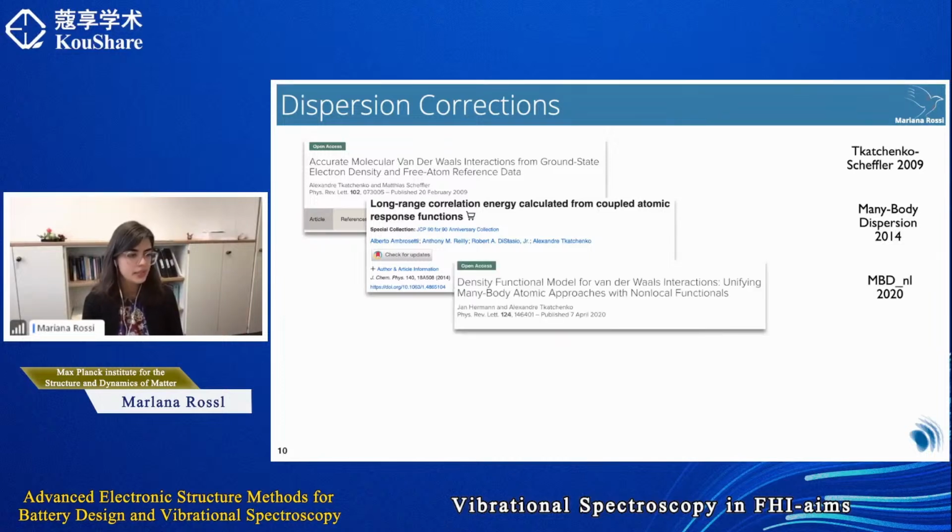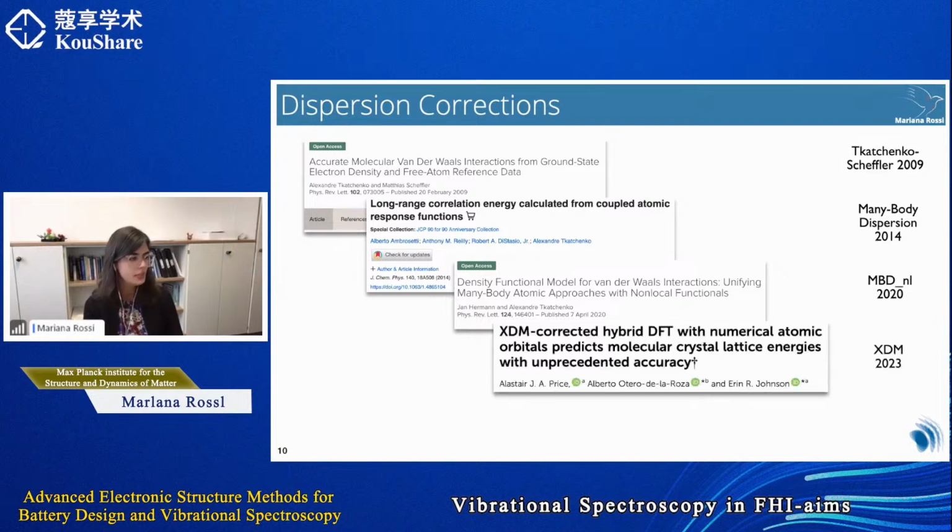And even more recently, there is the many-body dispersion NL that extends this many-body dispersion framework for systems that are highly polarizable and so on, so it can treat more effectively metals and, for example, two-dimensional materials like TMDCs with this approach. It's also available in the code, with a very nice implementation through this libMBD that Aleks also supports in his group.